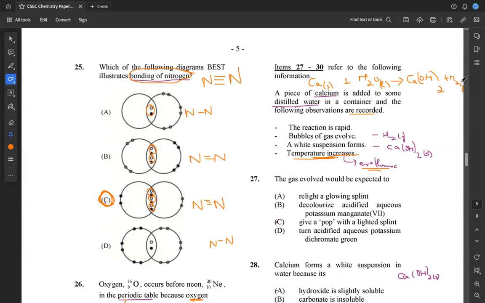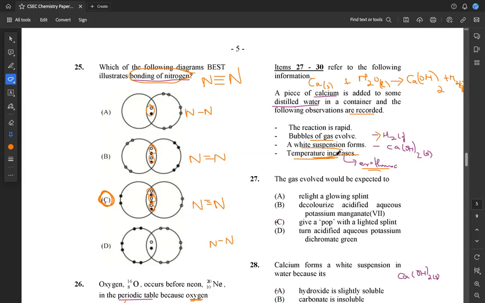Because that's a metal there. So if we think of this equation as what's happening when we put the calcium in distilled water, that we're getting a hydroxide of some sort and hydrogen gas, then the bubbles of gas would correlate to it being hydrogen gas, and the white suspension would correlate to being calcium hydroxide. And then if the temperature increased, then you know it's an exothermic process where the reaction is actually giving out heat, right?